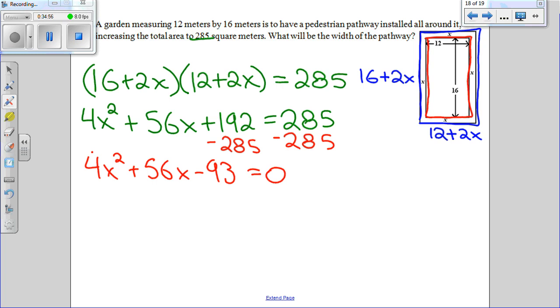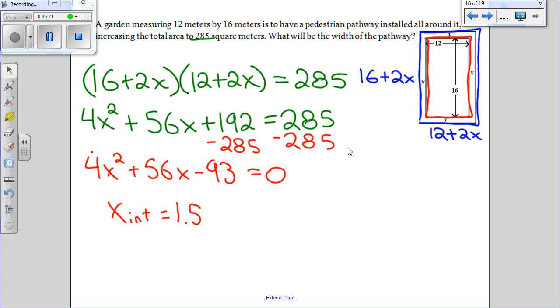Now, if you did this question another way, so if you used factoring, which I'm guessing you can factor because that's a pretty nice number, if you use box method, if you use quad formula, you would actually get two solutions. You would get 1.5 and you would get negative something. Why would that negative something not work?